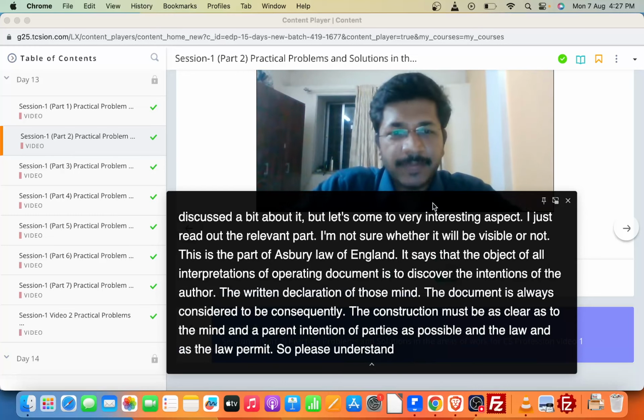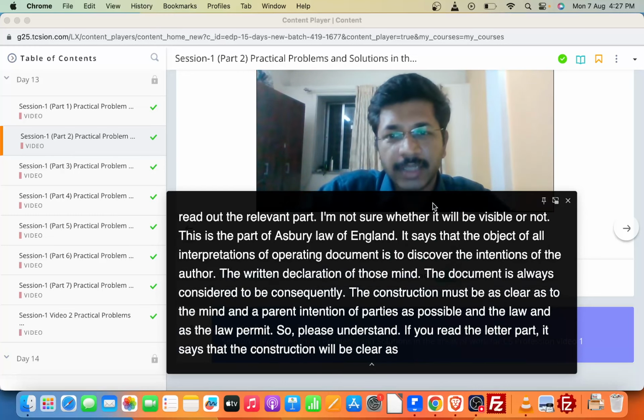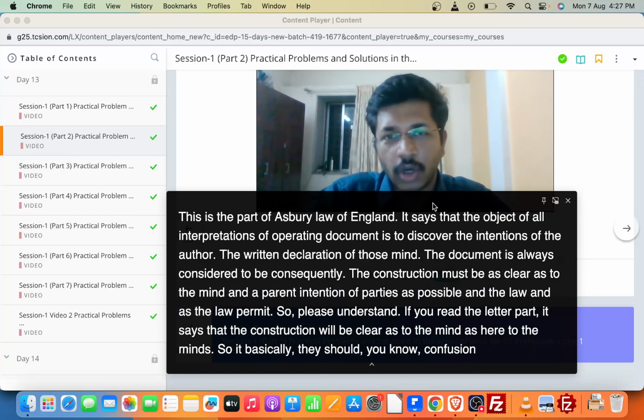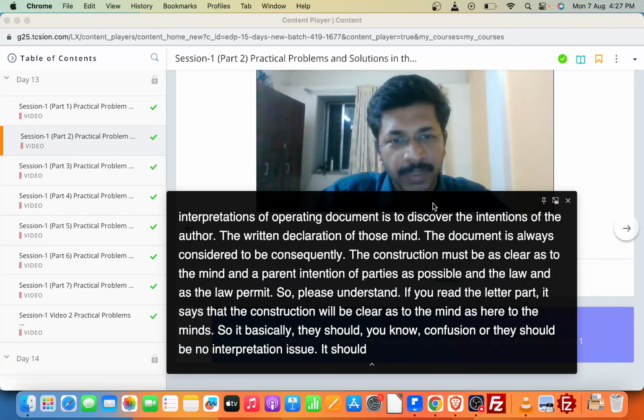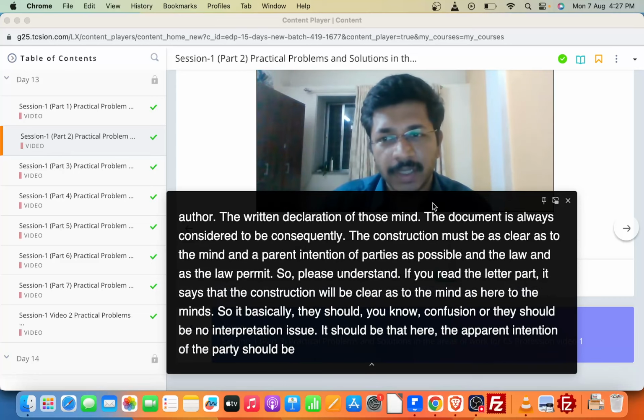Please understand, if you read the latter part, it says that the construction must be clear to the minds. Basically there should be no confusion or interpretation issue. It should be that clear. The apparent intention of the party should be clear.